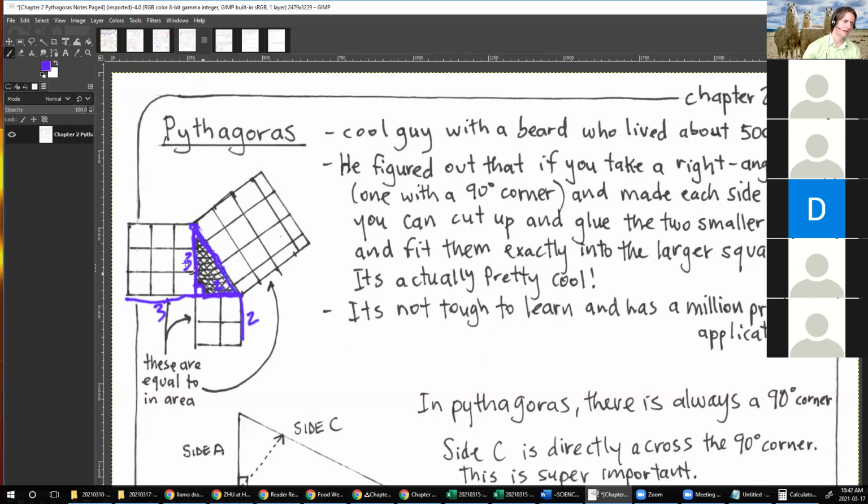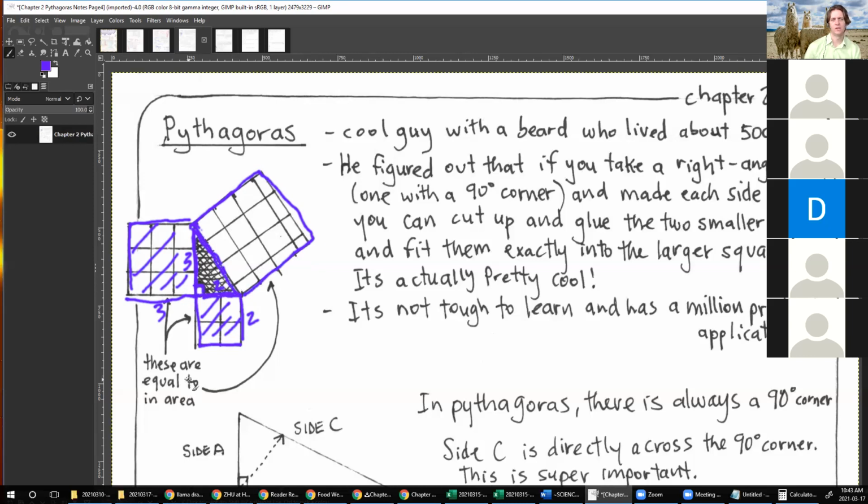If I took this piece and this piece, and I cut them up, I could fit them exactly into this square, which is going to be a certain amount.